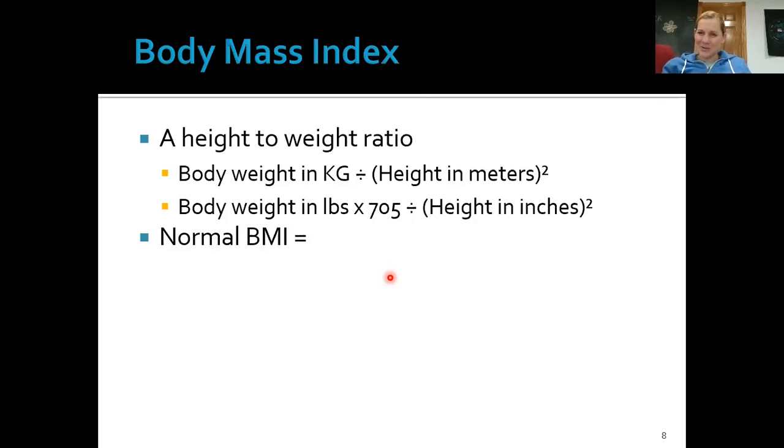And I don't think we have time to get that done in this semester, but BMI is one that you could easily look up. So it might be interesting for you to check that out and see where you fall within that spectrum. I might actually even have a chart of that in the next PowerPoint that we're doing. But it's super easy to Google. Okay, so again, normal is 18.5 to 25.